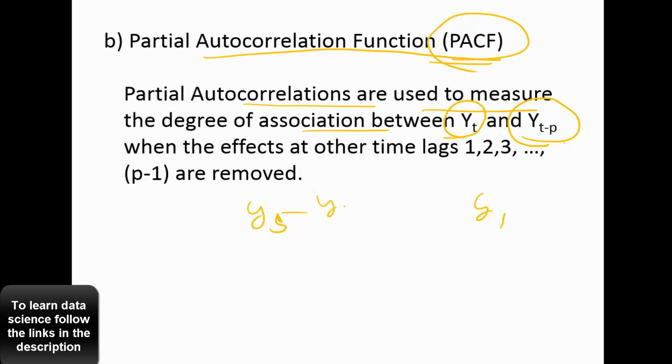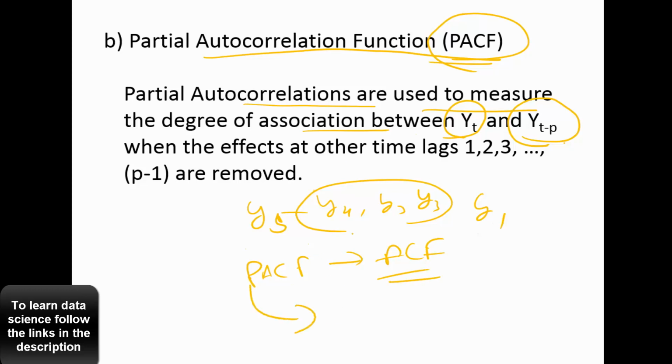I remove y4, y3, y2, and then compute the partial autocorrelation. So PACF is some kind of ACF, just that we remove the intermediate lags. There is no effect of y4, y3, and y2 in this case. We only see the effect of y1 on y5 without taking into consideration y4, y3, and y2.